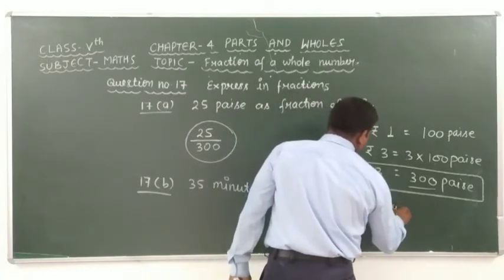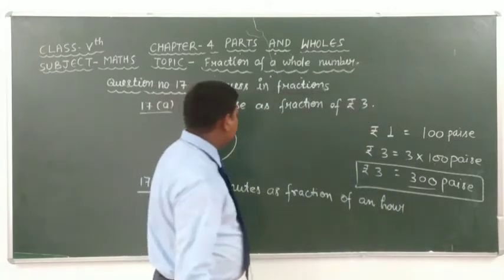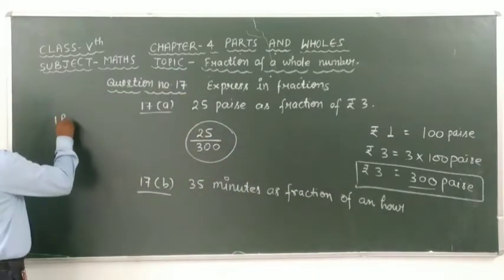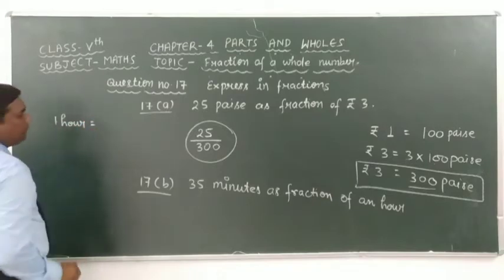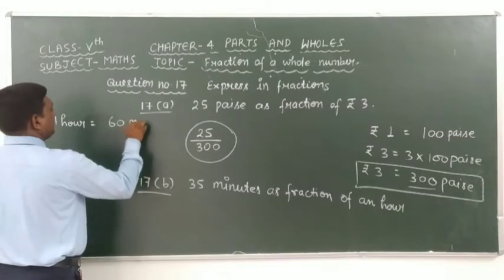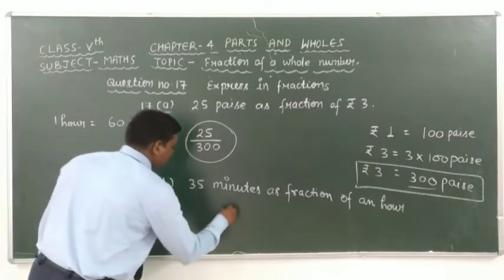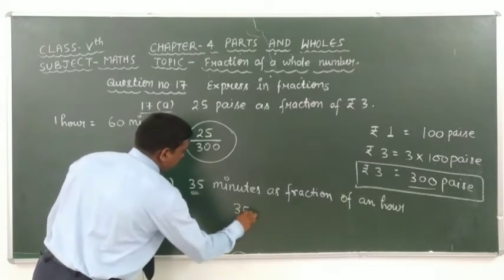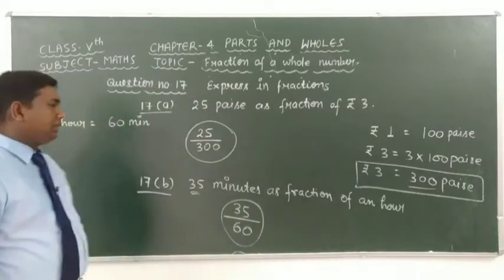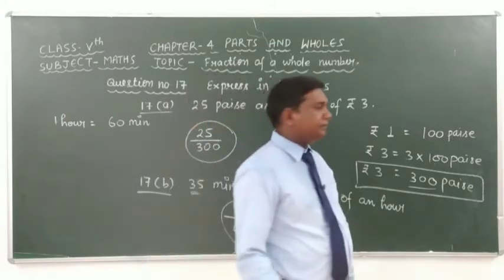We know that in 1 hour I have how many minutes? Yes, 60 minutes. In 1 hour I have 60 minutes. Then the fraction is 35 over 60. If any student has a doubt in this question, please ask me.